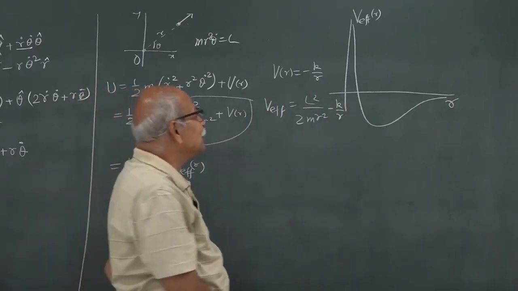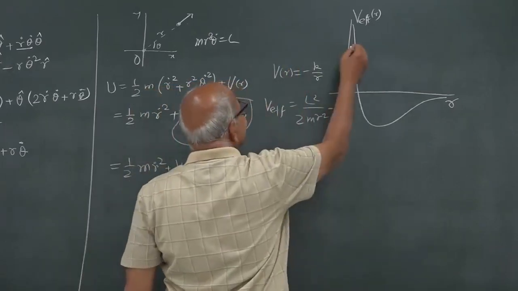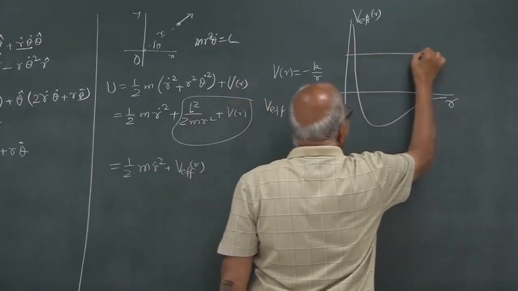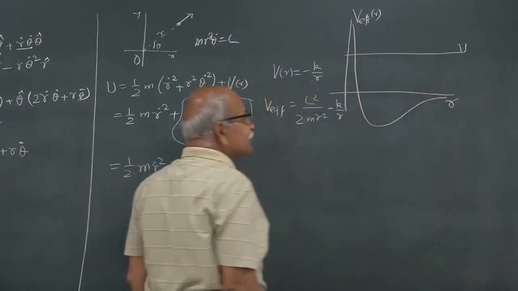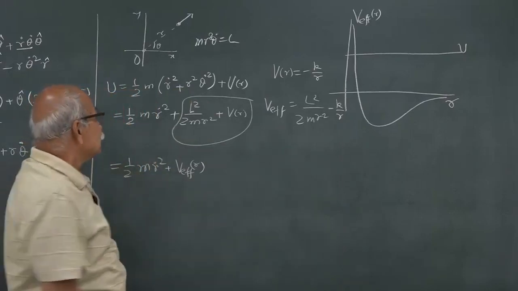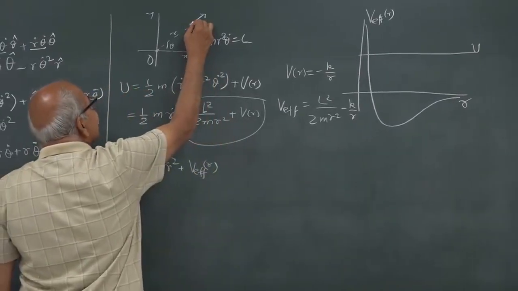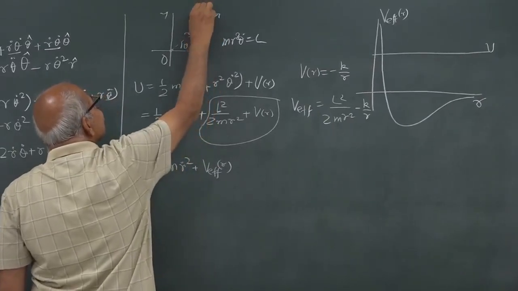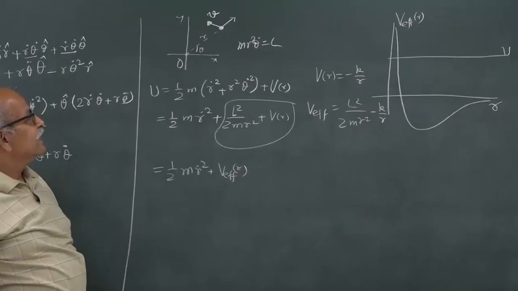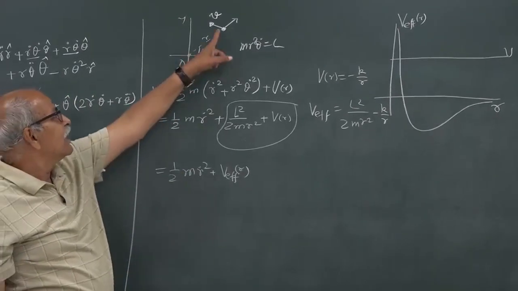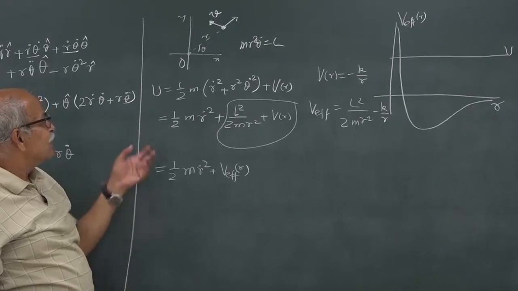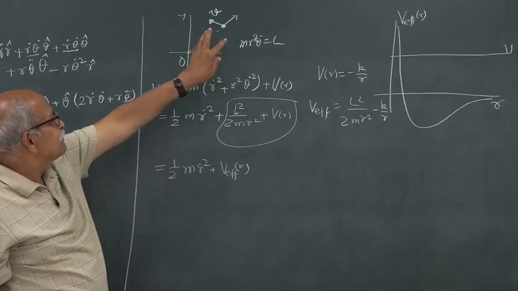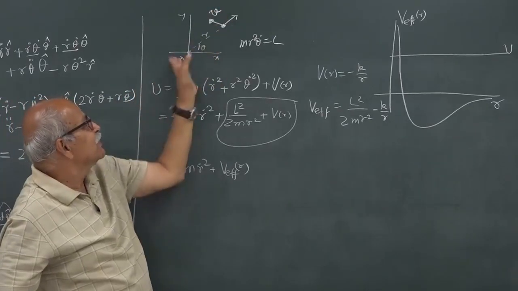Now, the total energy U, I can write on this scale. So, suppose this is the total energy, this is that line. So, you have this particle and this particle has got some velocity at this time, let us say this is the velocity. In this direction it has some magnitude, there is some r here, and at that time it will have some angular momentum L, and the total energy depending on this kinetic energy plus minus k by r.